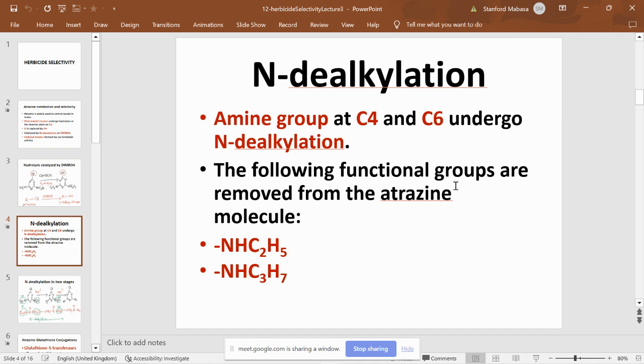The functional groups which are removed from this molecule are NHC2H5 and NHC3H7.